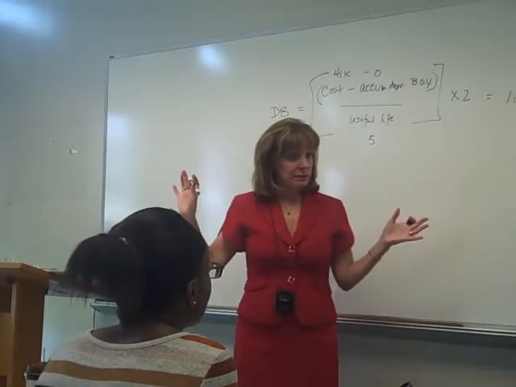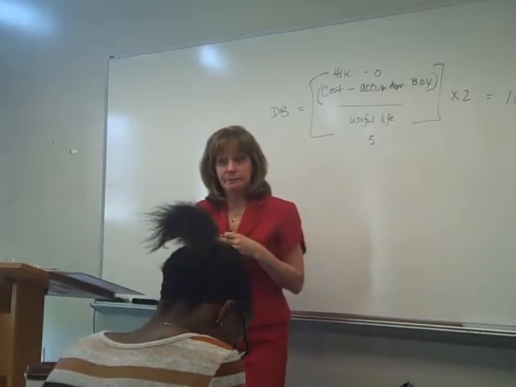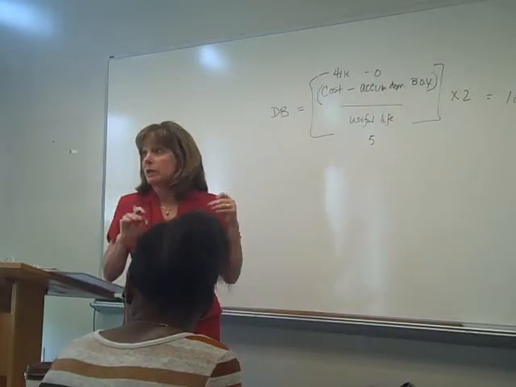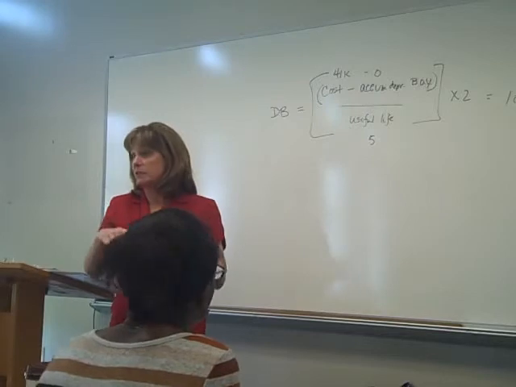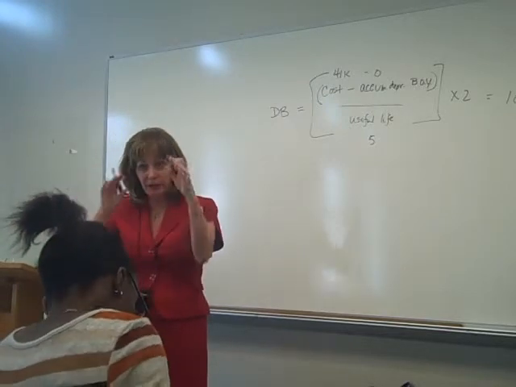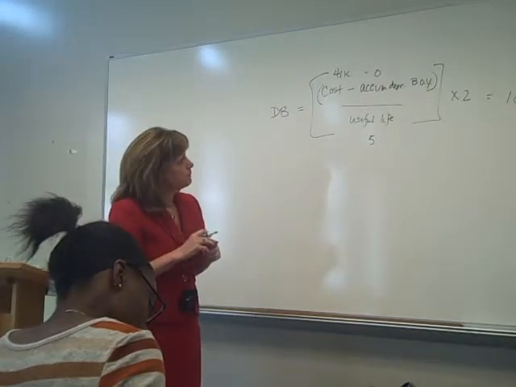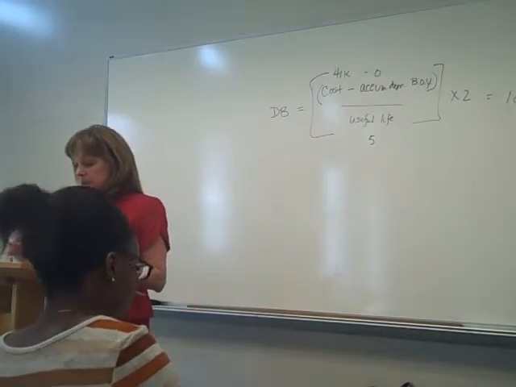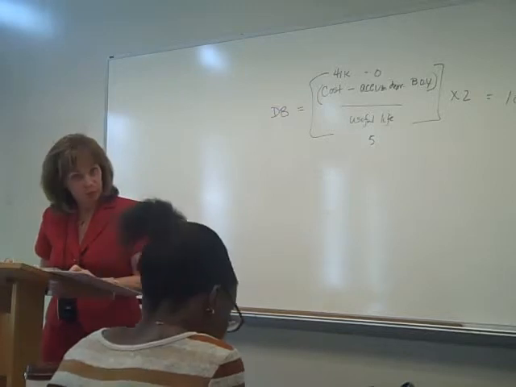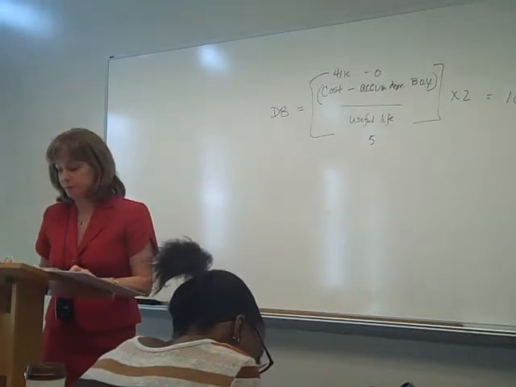Are we good? Mathematically, you can do this. Okay? Make sure you do your subtraction first always, then your division, then your multiplication. Do it in that order on your calculator. Now notice year 2.